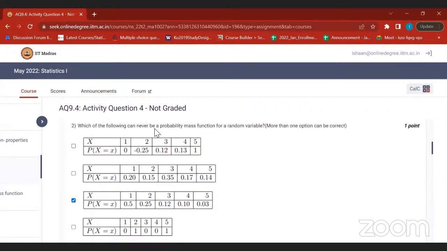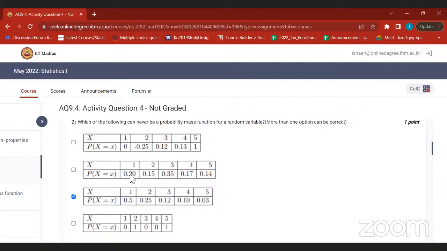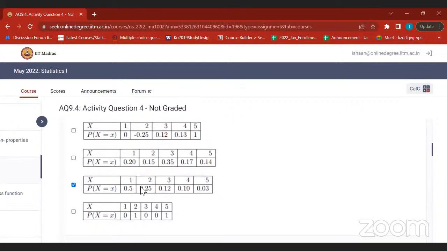Which of the following can never be a probability mass function, right? So the first option cannot be, because it has a negative probability, which is not possible. For the second one, the sum would be greater than 1. For the third one, the sum is equal to 1, right? No, sir, it's not equal to 1. It's something like 0.56, I don't remember, but not equal to 1.